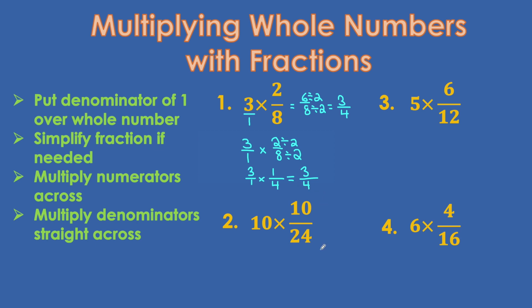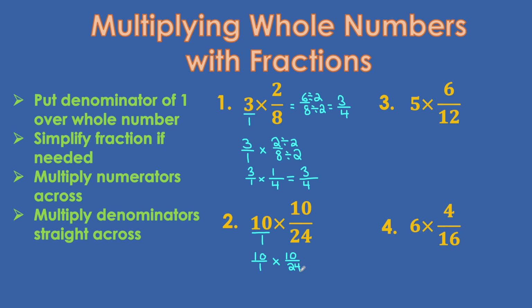Let's look at number 2. We have 10 times 10 over 24. We're going to put a denominator of 1 over this whole number. Then copy this down again. So you have 10 over 1 times, and we can simplify this. Let's write the fraction down first.